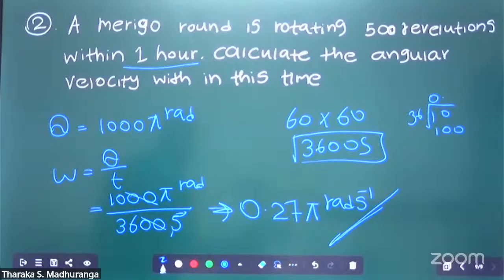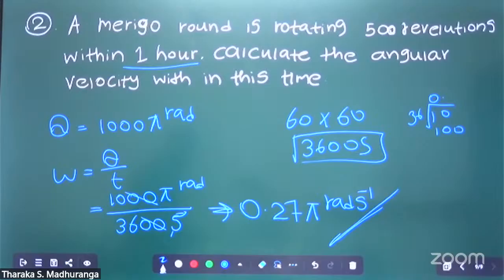Yes, Kabir, correct. Tumula, not 0.27 only, 0.275. Fatima, it is 0.87 when multiplied with π, right? Multiply with 3.14.